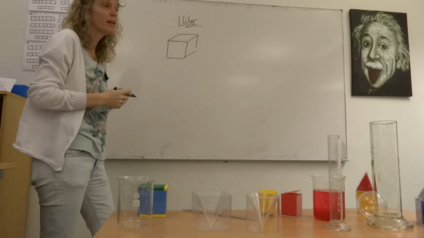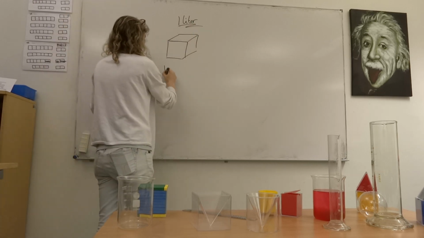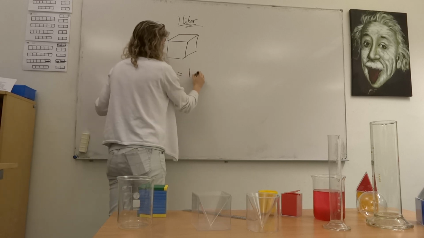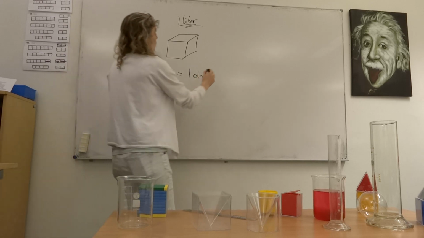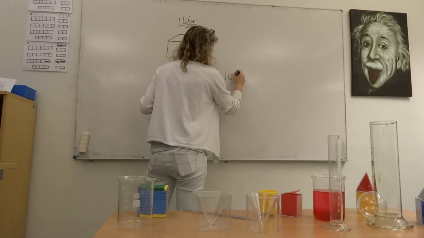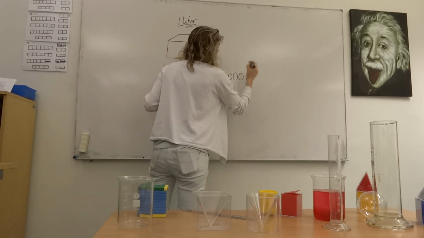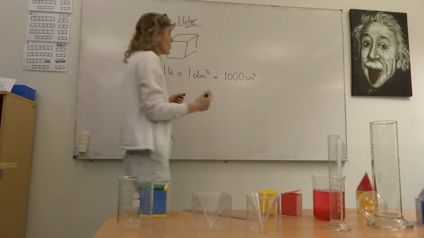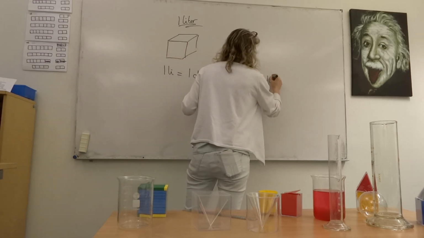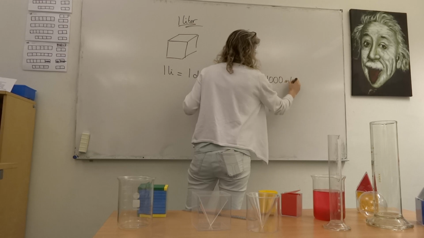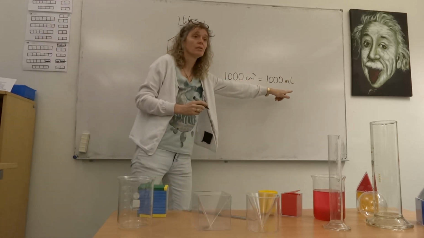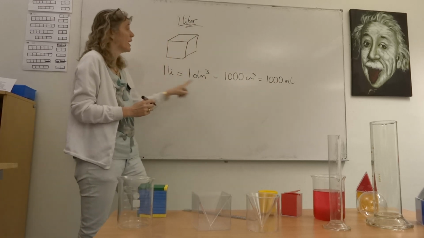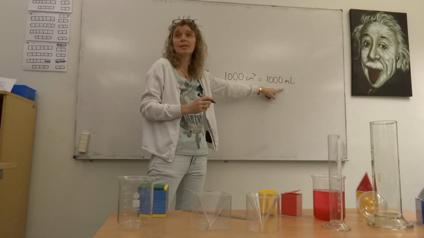So a litre of milk is the same as 1 decimetre cubed of milk, which is the same as 1,000 centimetres cubed, which is also the same as the volume unit, 1,000 millilitres. Because milli means 1,000, so 1 litre and 1,000 millilitres are the same thing.